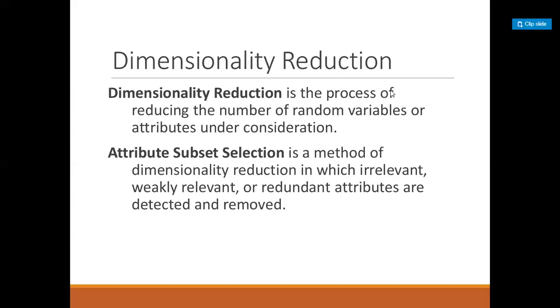Dimensionality reduction is the process of reducing the number of random variables or attributes under consideration. Attribute subset selection is a method of dimensionality reduction in which irrelevant, weakly relevant or redundant attributes are detected and removed. As it is written here, we find out the prime attributes that are contributing the major information.